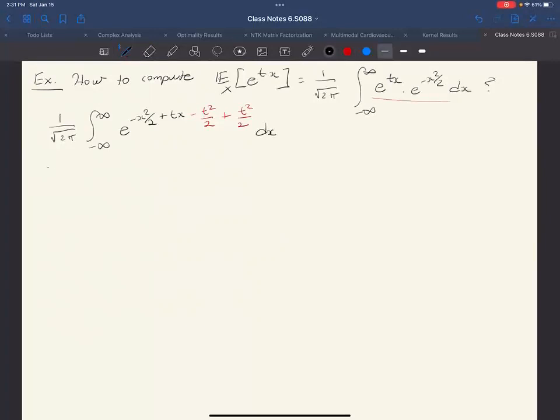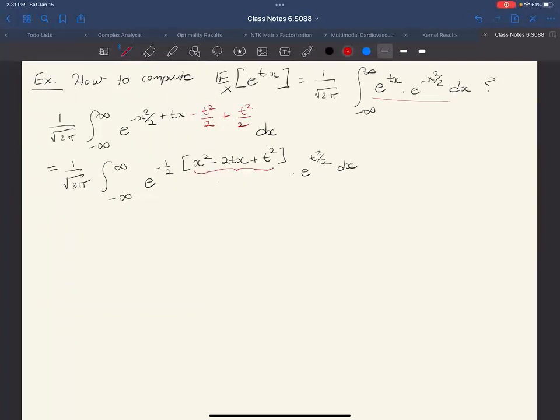Okay, so just writing this out very systematically, I should get negative 1/2 times x squared minus 2tx plus t squared. And then on the outside, I'm left with a t squared over 2. Okay, but now this is good.